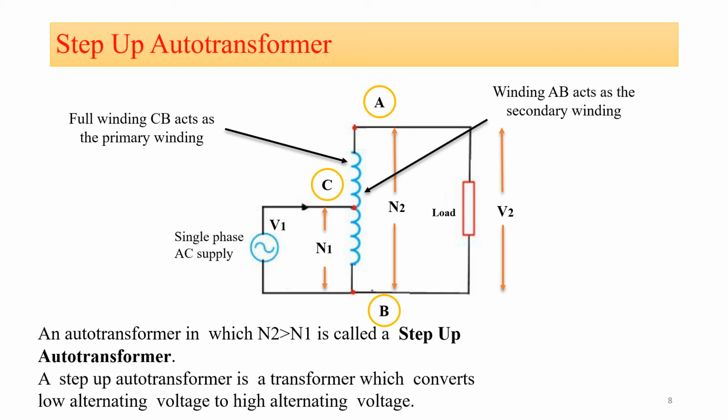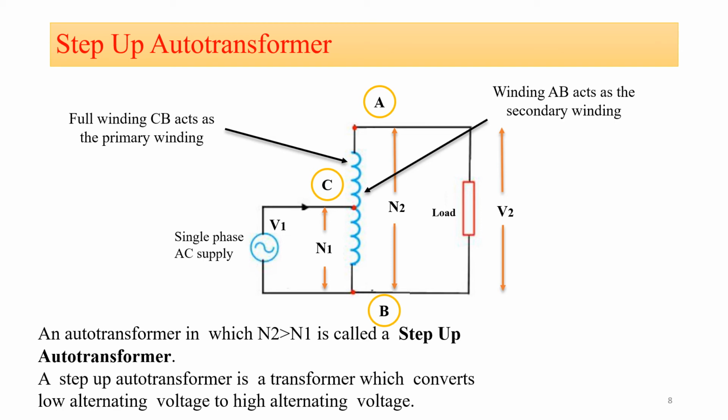Same as a conventional or normal transformer, when the total number of turns of the secondary is greater than the total number of turns of the primary, then this type of transformer is called a step up transformer. The same principle is applied here. So here also N2 is greater than N1, so this type of auto transformer is called a step up auto transformer.